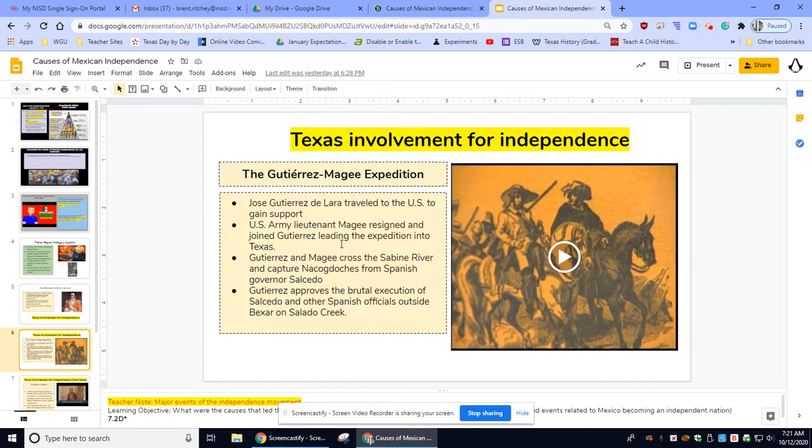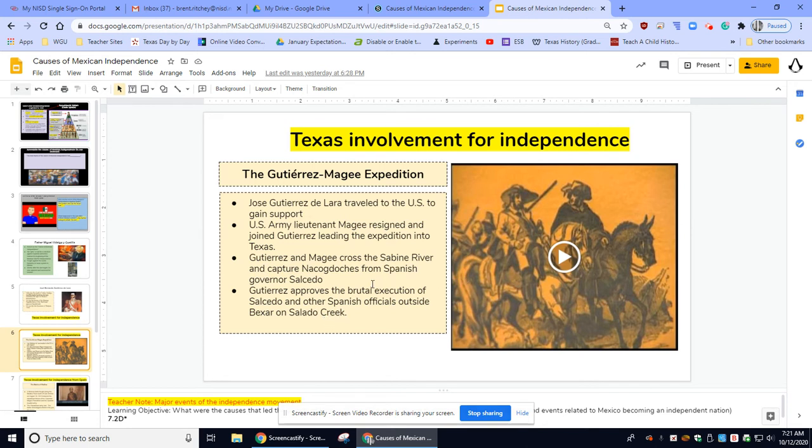So McGee was actually part of the United States Army, and he resigned to help Gutierrez fight against the Spanish oppressors. Gutierrez and McGee crossed the Sabine River and captured Nacogdoches from Spanish Governor Salcedo. Gutierrez approves the brutal execution of Salcedo and other Spanish officials outside Bejar on Salado Creek.